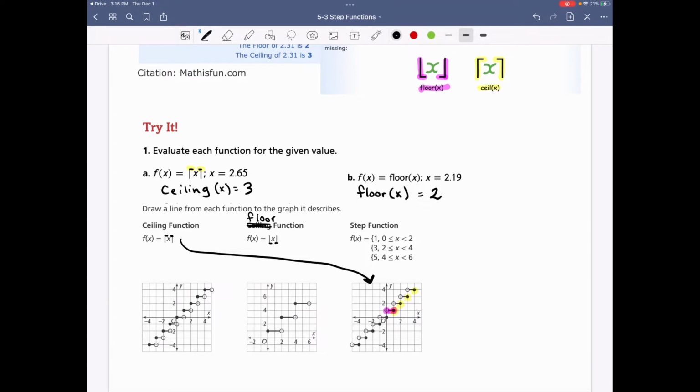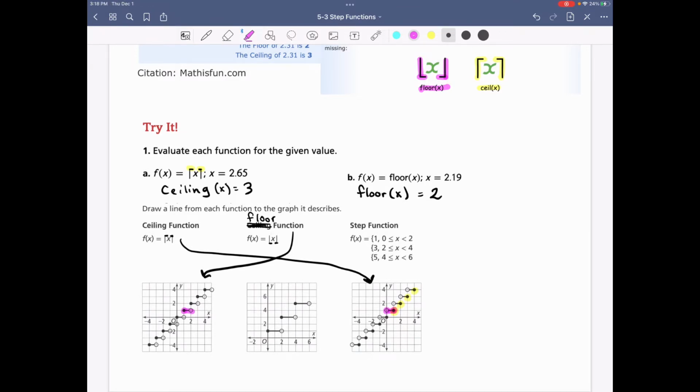And the floor function will be the other one, and we can see that if we pick that same point at 1, from 1 to 2, that shows the floor function because between 1 and 2, 1 would be the smaller value.